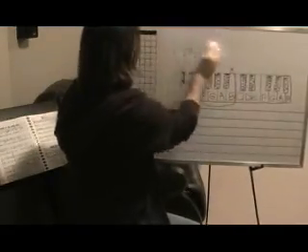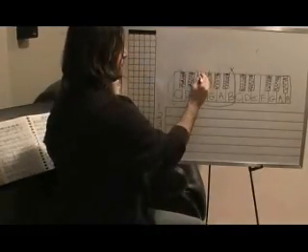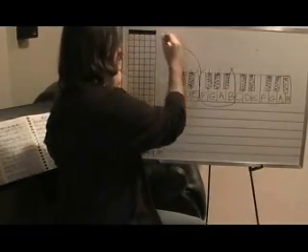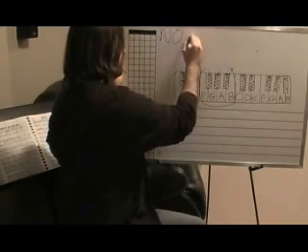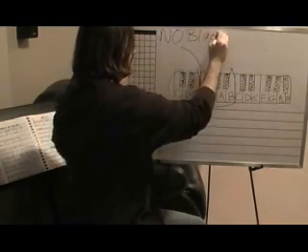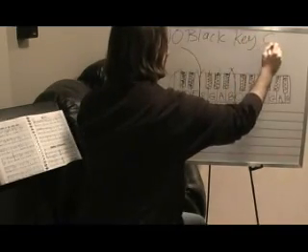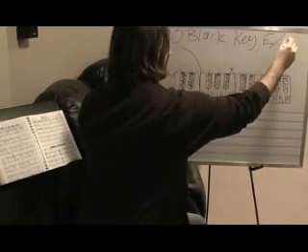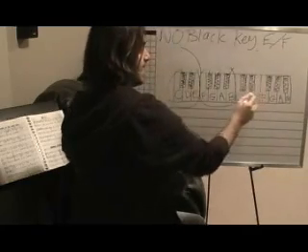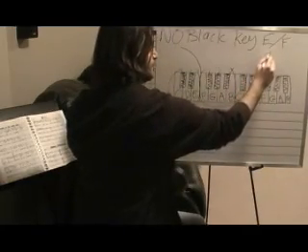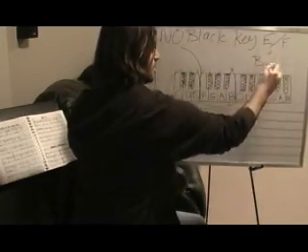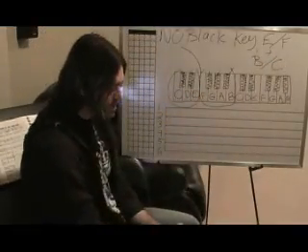Goodbye, sharps and flats for a minute. Okay, so here, there's no black key between E and F and between B and C. Okay? So there's no black key between E and F and B and C. What does that mean for us?